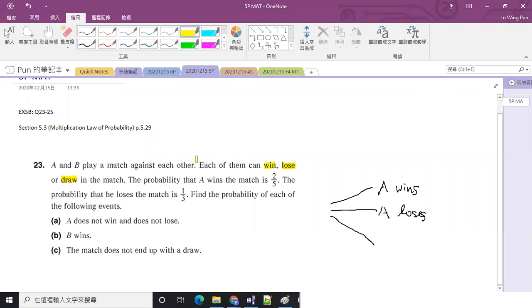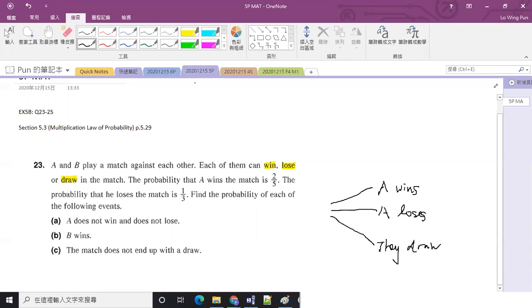Draw means neither wins nor loses, that is, a tie. The first possibility is A wins, then A loses, and the third possibility is they draw, that is, they tie. Okay, there are 3 possible outcomes, and then each of them will have a number, that is the probability that each of them happens.